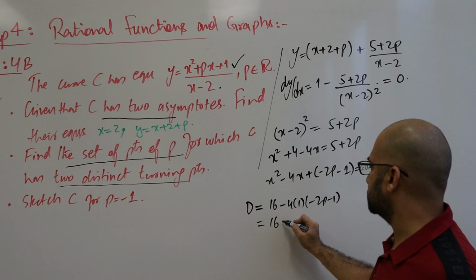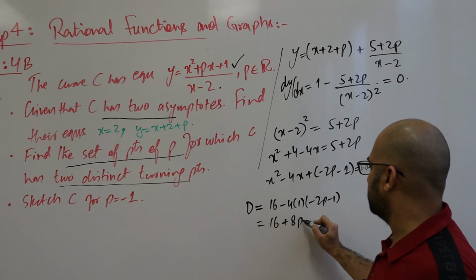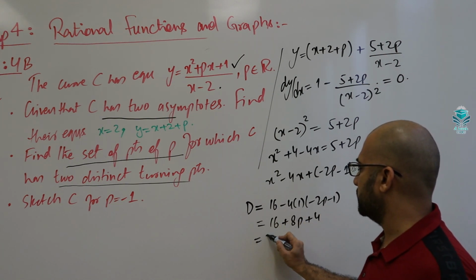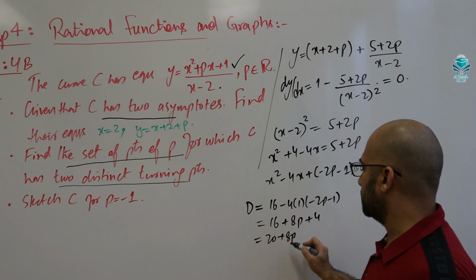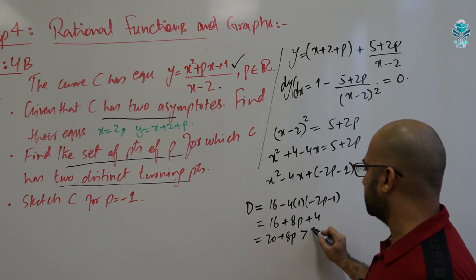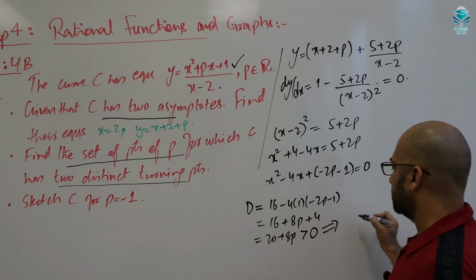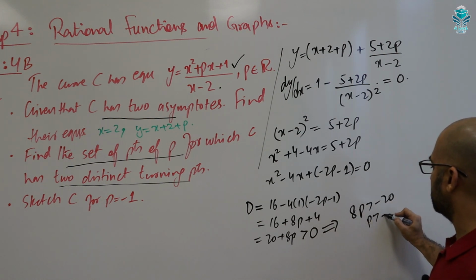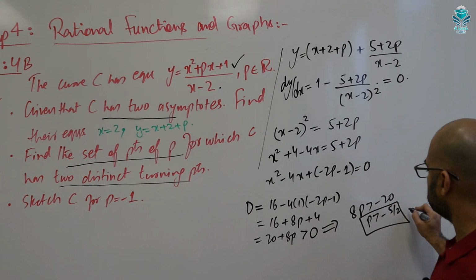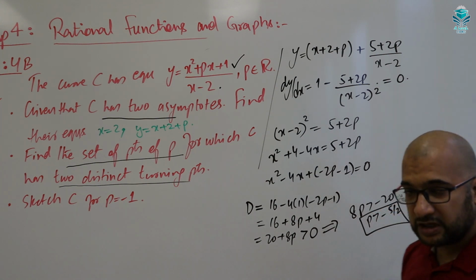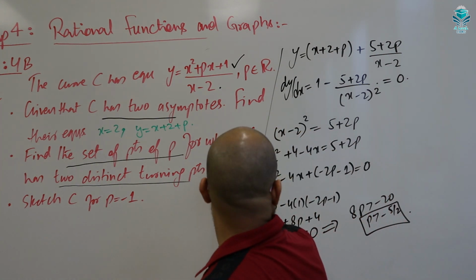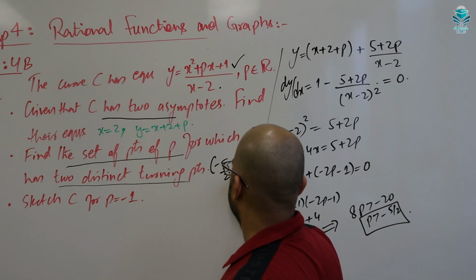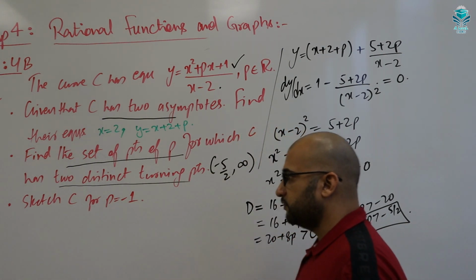You have 16 + 8p + 4, which means 20 + 8p. According to the given condition, the discriminant must be positive. It implies 8p > −20, so p > −5/2. So students, for the turning points, the range of p is −5/2 to infinity.